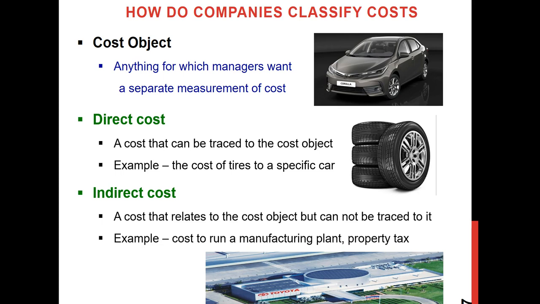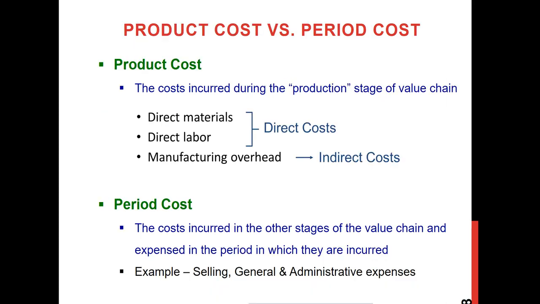But it's really hard to identify what is the utility bill cost to produce one Toyota Corolla model, or how much tax cost we can assign for one specific car. So you see, these types of costs are kind of combined costs, and you really cannot trace them out per object. So we will call those indirect costs.